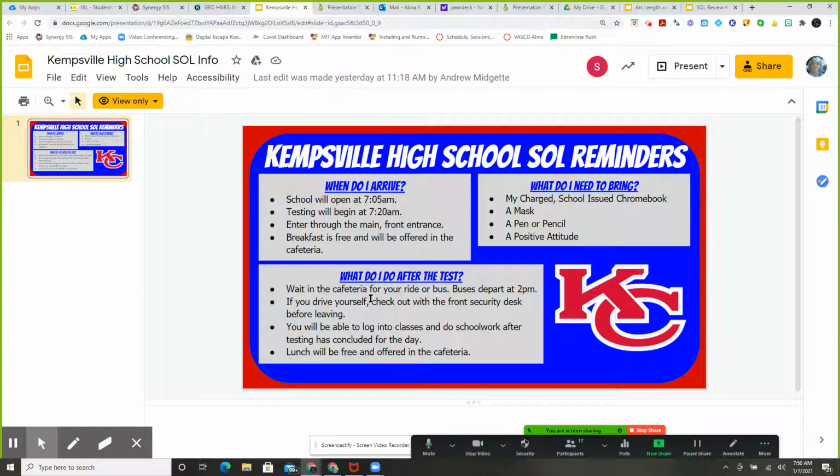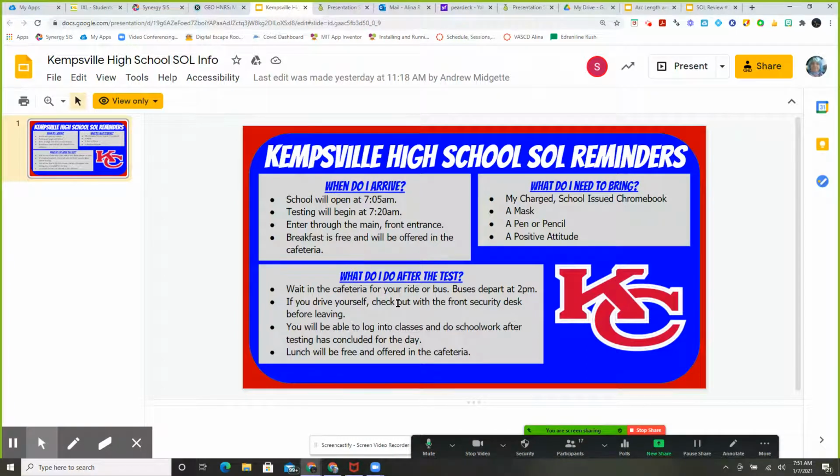A couple of other things, what to do after the test. So this was a change that was just told to us yesterday. Normally you have to stay in your testing room after you finish until we consolidate rooms. This year, the test is going to start at 7:20, but if you are done, you may leave at 8 o'clock. Okay. So anytime after 8 o'clock, whenever you finish, you're going to be able to get up, leave the testing room, and leave.